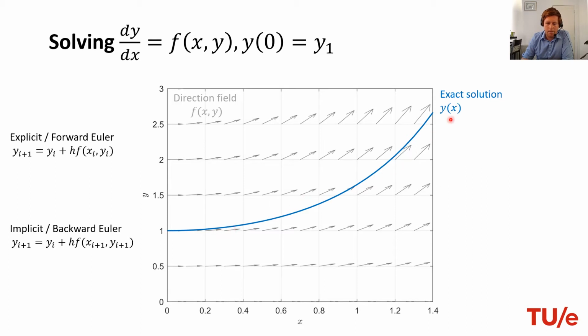In this case, let's say that we have an exact solution such as this, and the direction field is according to the gray arrows over here. So let's take a look at how both explicit or forward Euler and implicit or backward Euler would work over here.